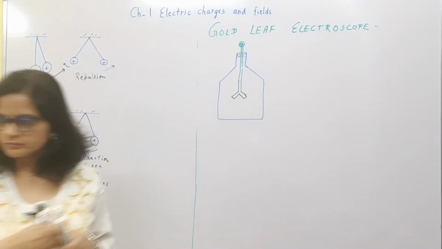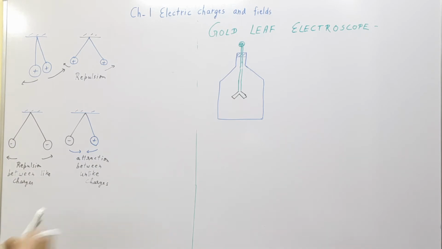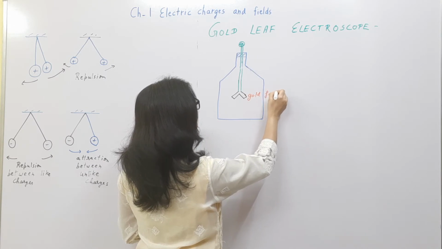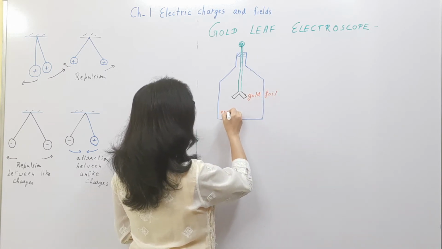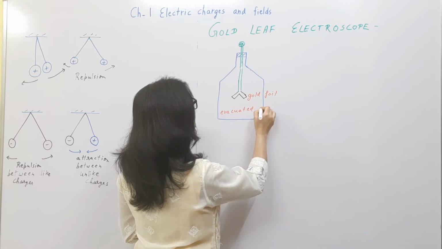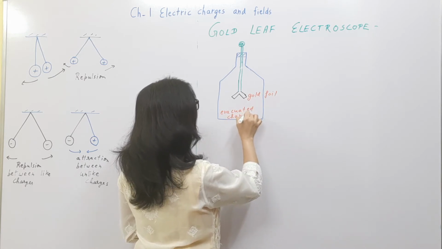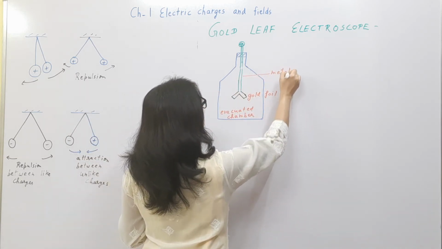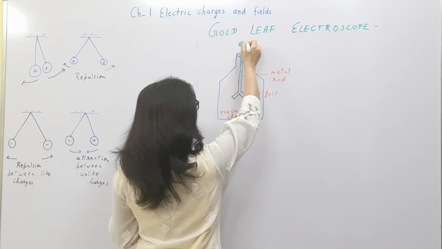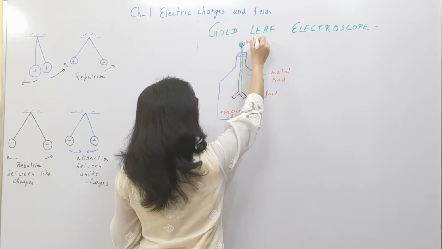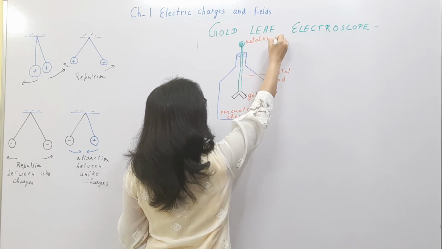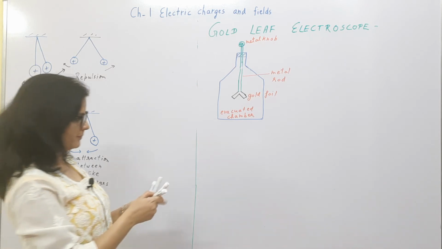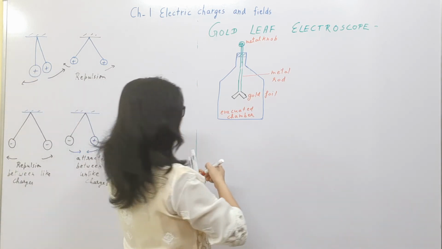So this is the metal rod, and this is the metal knob, right?